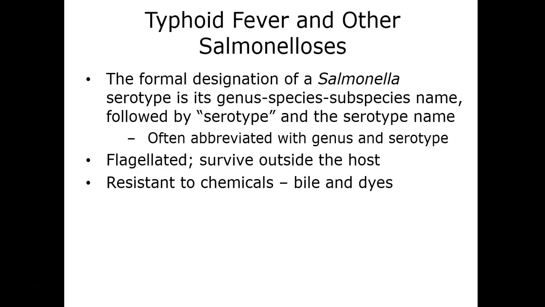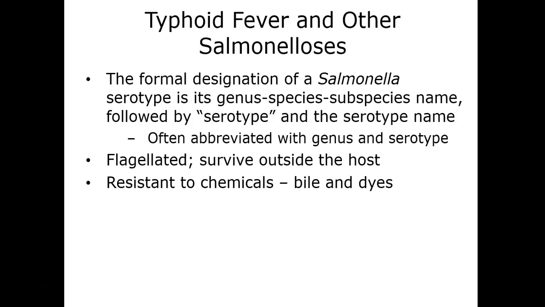Again, these are flagellated. They are motile, so that is extremely important to know. So the Salmonella do have the ability for movement, and they are extremely resistant to chemicals such as bile and dyes. And that's important since they are in the digestive tract and targeting those organs. They want to be resistant to things like bile.